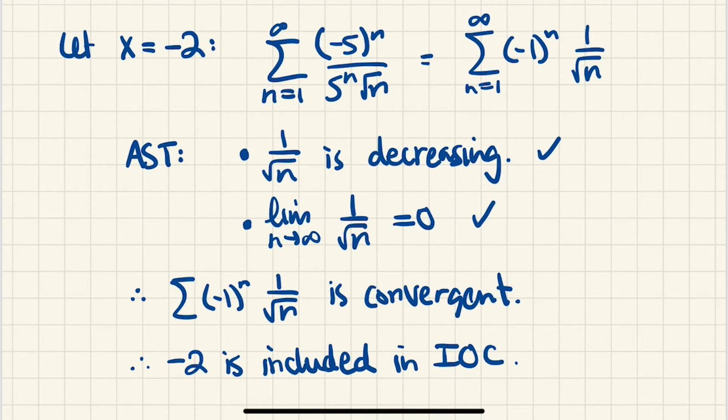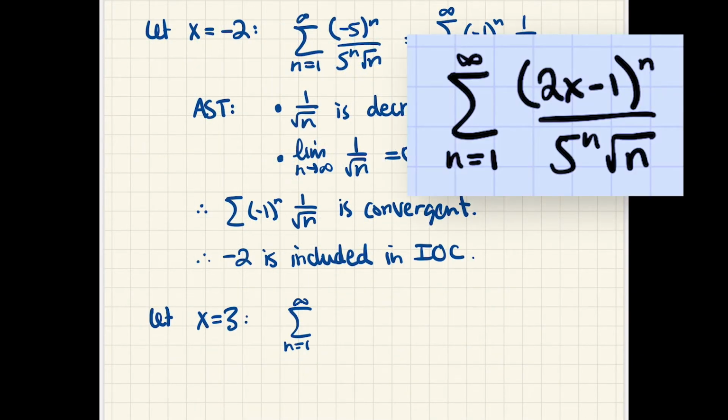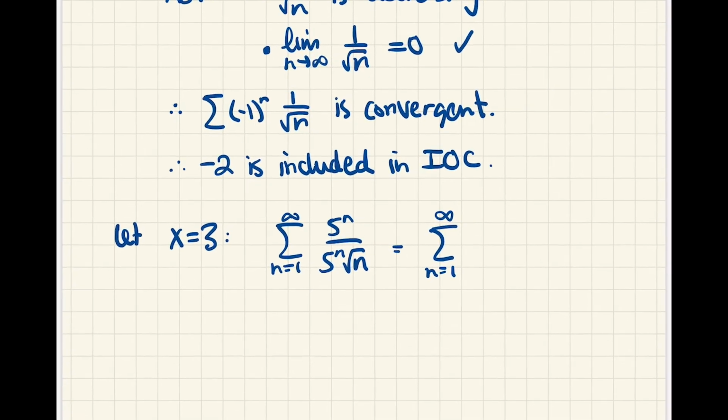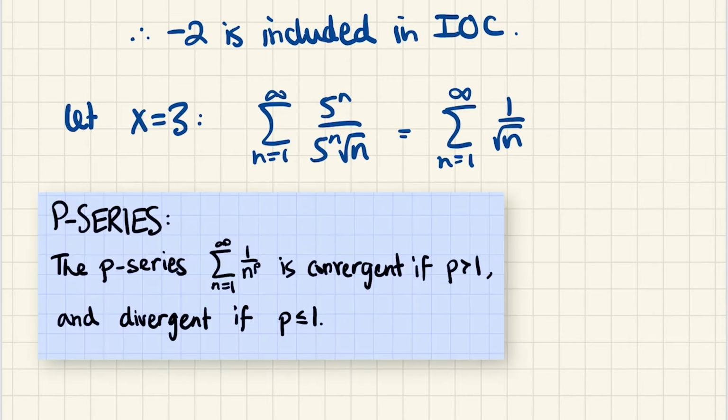Now let's let x equal 3 and see what happens. So when x is equal to 3, we get 2 times 3 is 6, 6 minus 1 is 5, so we get 5 to the n over 5 to the n rad n. Of course, those 5 to the n's cancel, and we just get 1 over rad n. So is that series convergent or divergent? Well, it's a p-series, and p is equal to 1/2, so that is a divergent series.